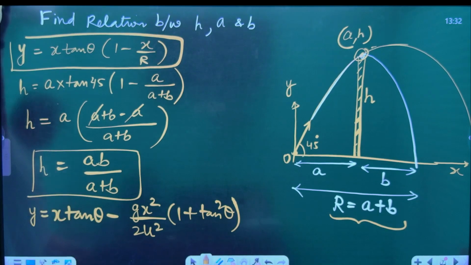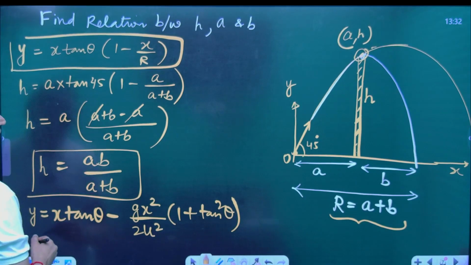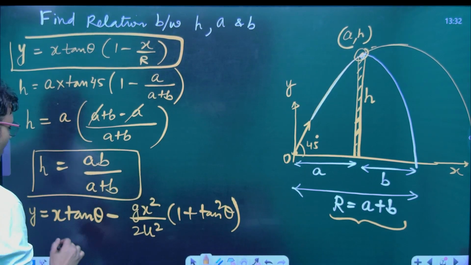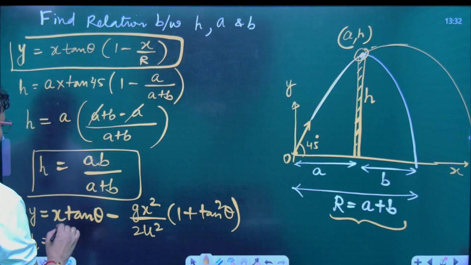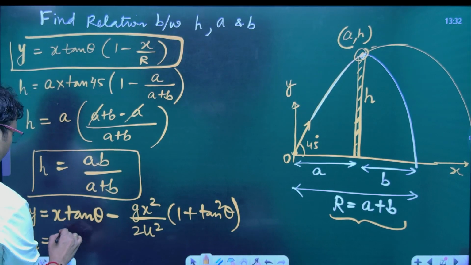But if we want to find out the initial velocity of the particle, then we can use this. y is equal to h at x is equal to a.